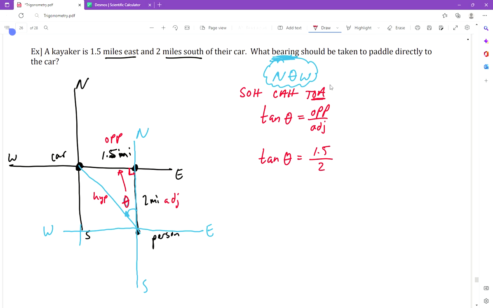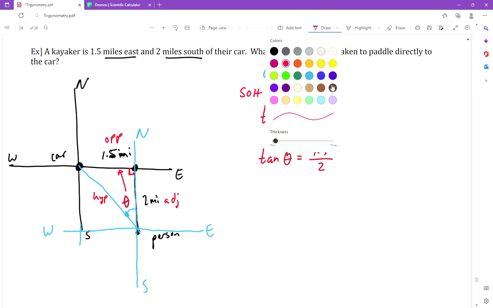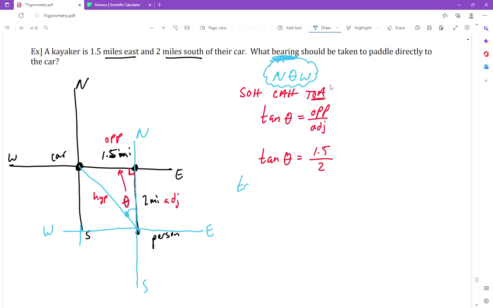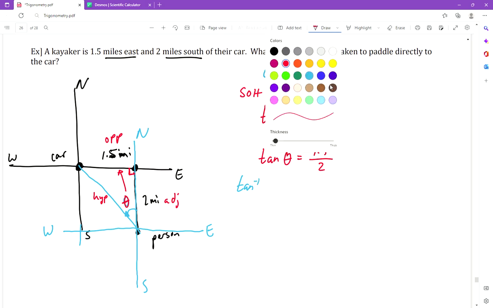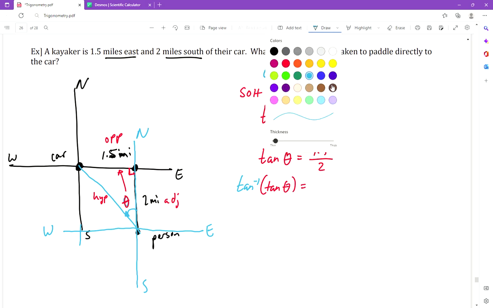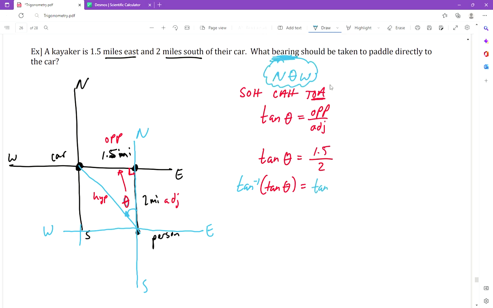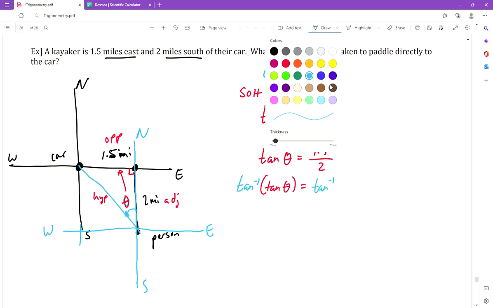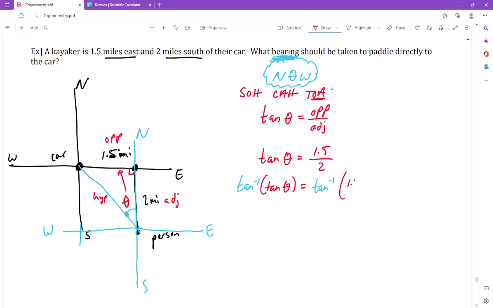To find a missing angle, we need to use our inverse trig. So that's where we do inverse tangent of tangent of theta equals inverse tangent of 1.5 divided by 2. The tangent inverse and tangent cancel, and we're left with just theta.